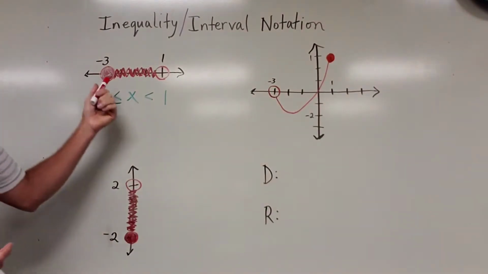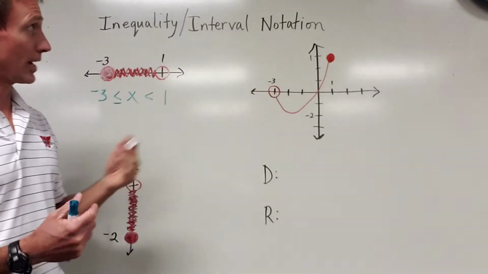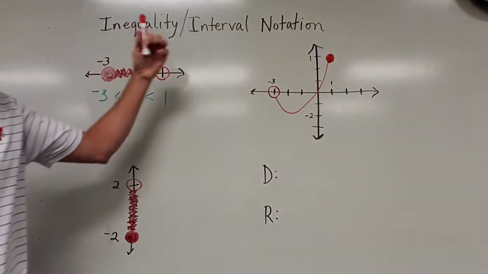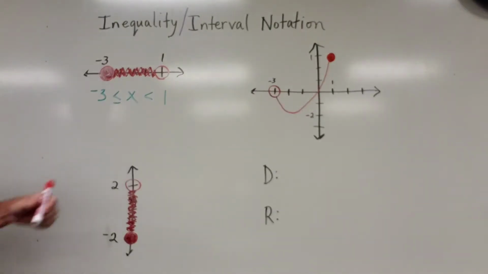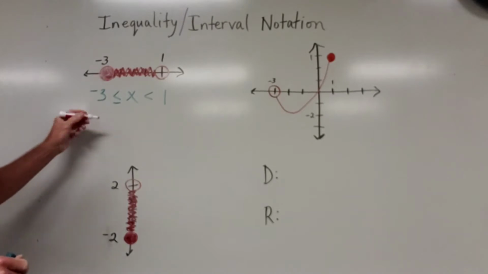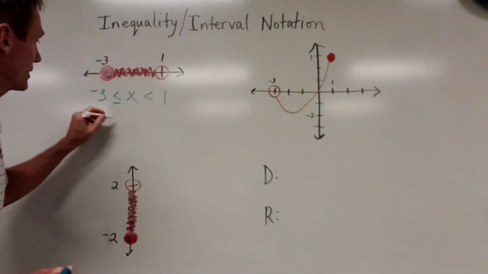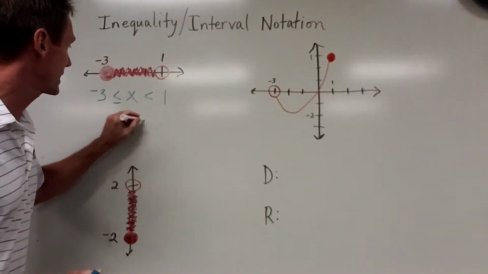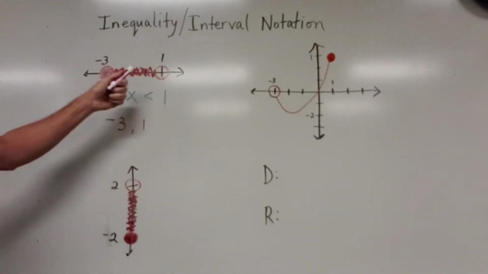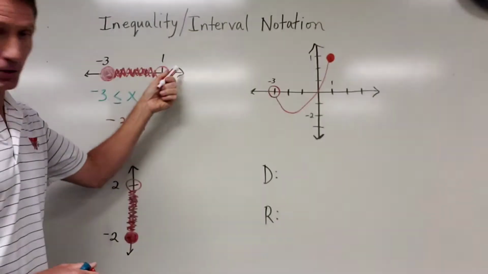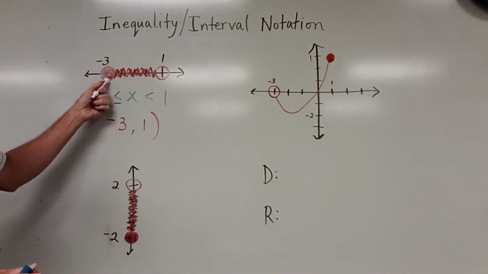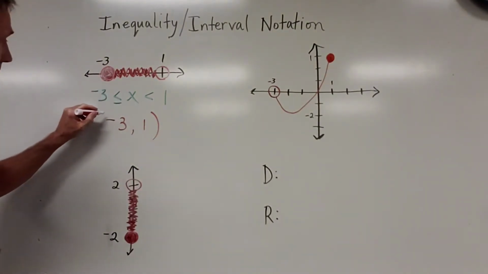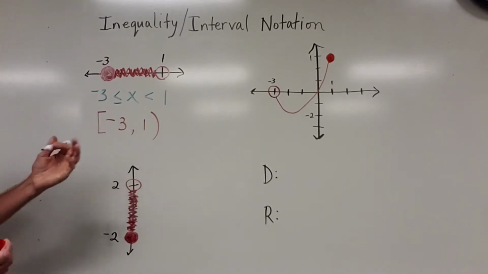Now, that's an inequality. A true interval notation is written with either parentheses or brackets. We don't use that a whole lot, but I'll just quickly give you a description of that. The interval here is going to look like an ordered pair. So -3 to 1. Anytime we have an open circle, that is a parentheses. Anytime it is a closed circle, that would be a bracket.